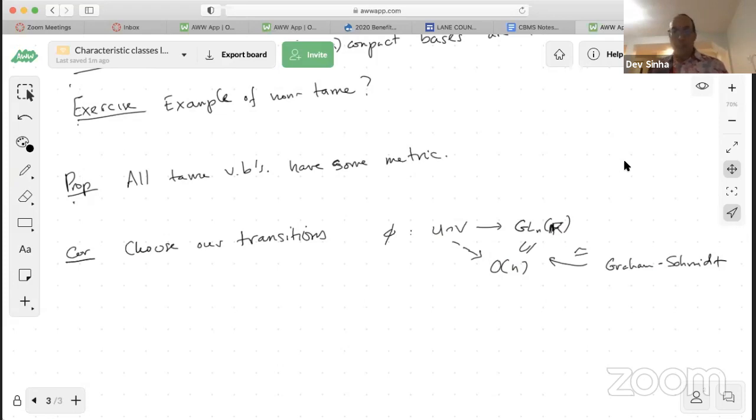In any case, those transition functions then do preserve the metric. And again, they also preserve being zero. They also preserve lines.